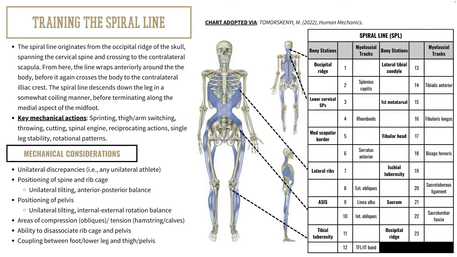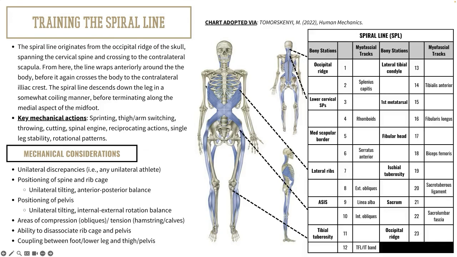I skipped over it here, but let's go through the functional or the relative anatomy to the spiral line. And the spiral line is a really interesting anatomy path to follow. So we will start out here on the right side of the body, and the origin or the insertional point.